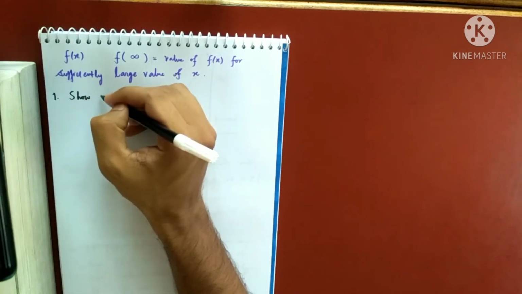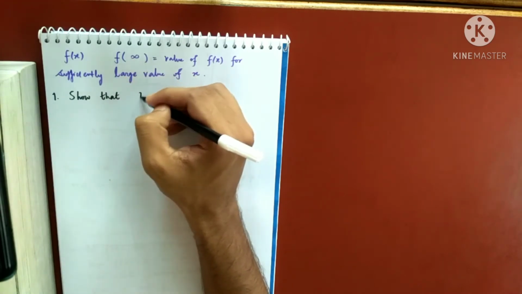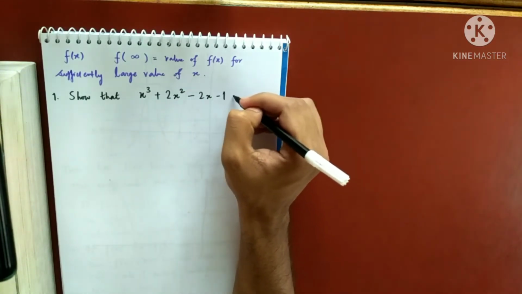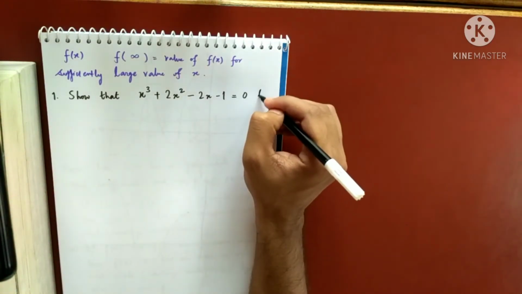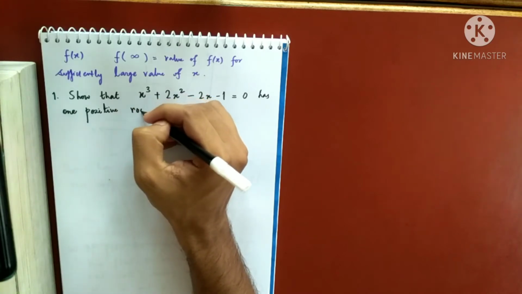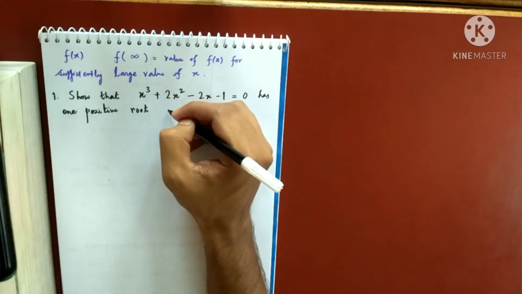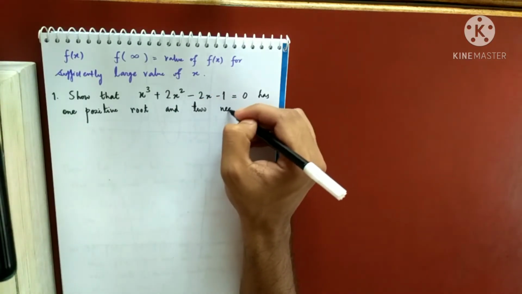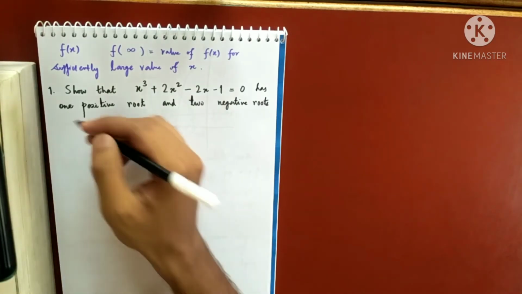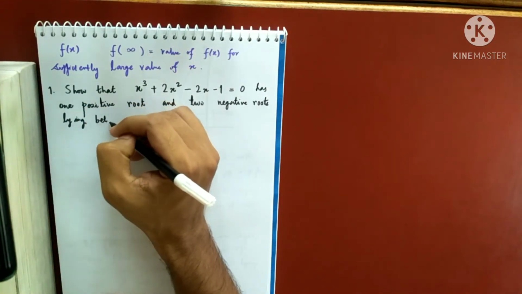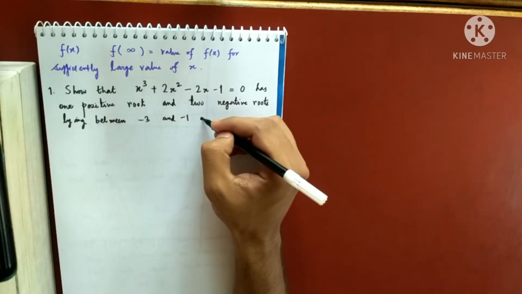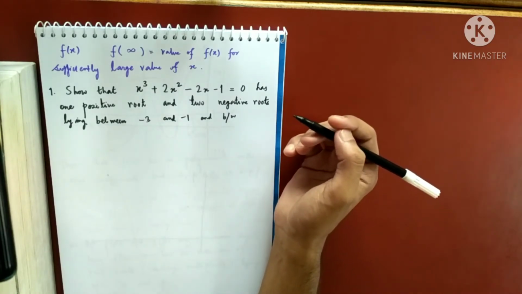Show that x cube plus 2x square minus 2x minus 1 equals 0 has one positive root and two negative roots, lying between minus 3 and minus 1 and between minus 1 and 0.